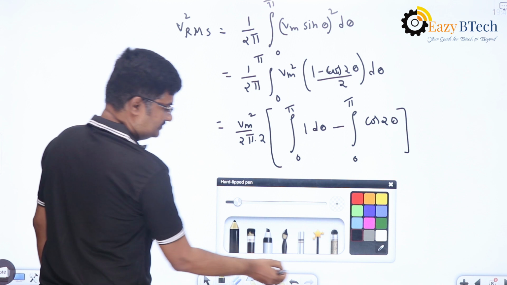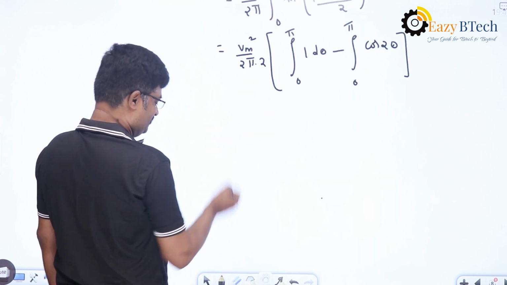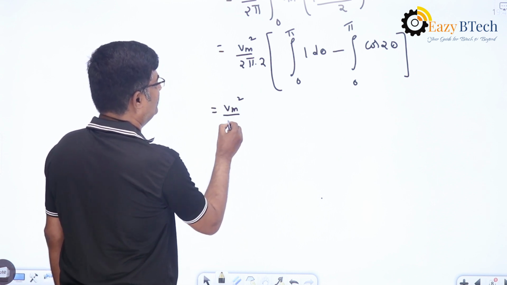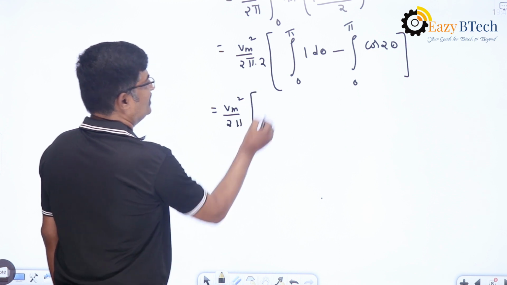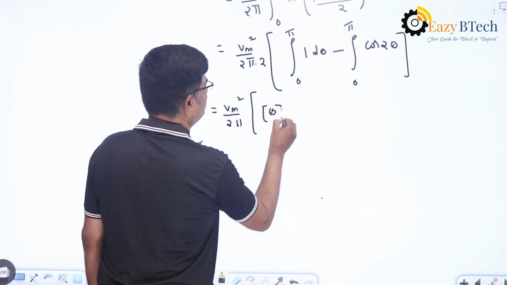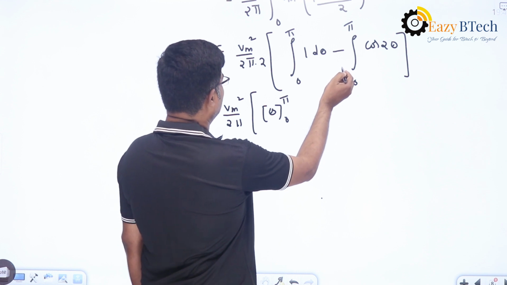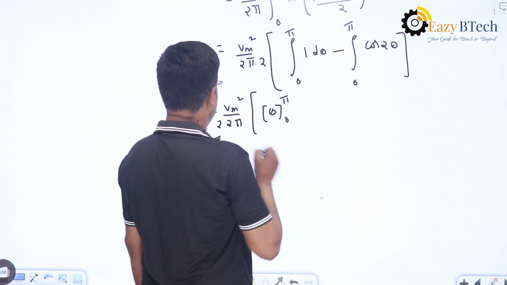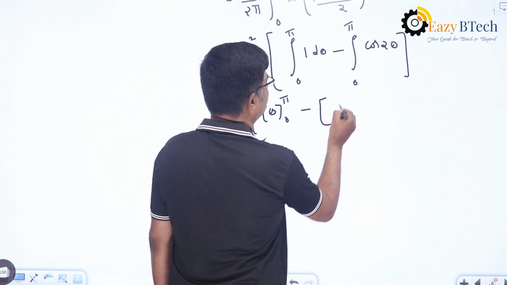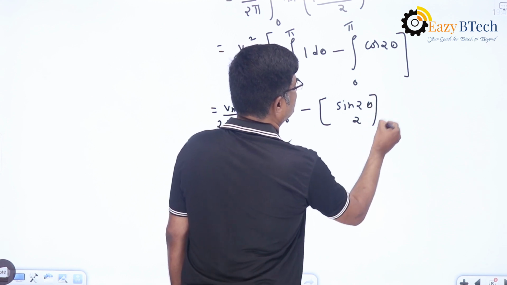So in this case, simply this is equal to Vm square by 2 pi. Integration of 1 into d theta is theta, limits are 0 and pi. And here I am getting this as, this is 2 into 2, and here I am getting sin 2 theta by 2, limits 0 and pi.